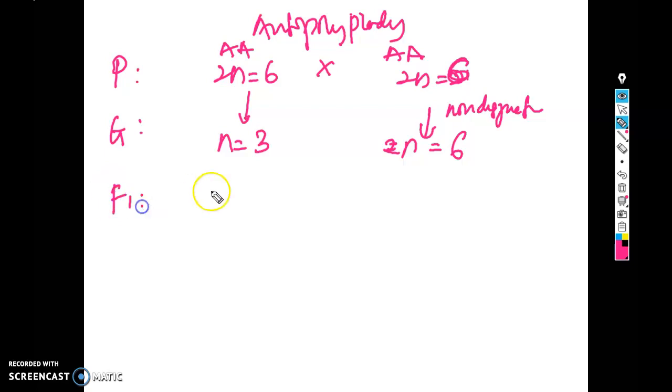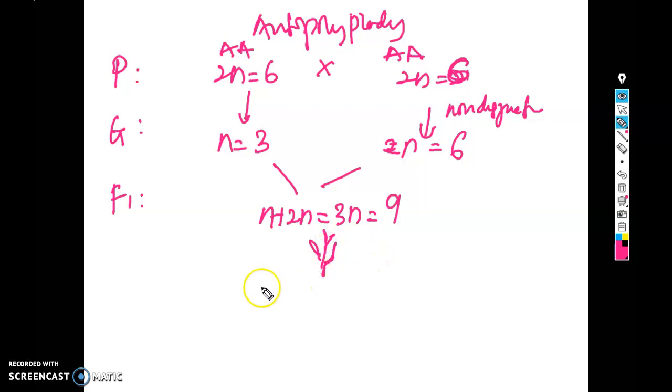After fertilization, they produce progeny with N plus 2N, equal to 3N, so 9 chromosomes. This is, for example, a plant.